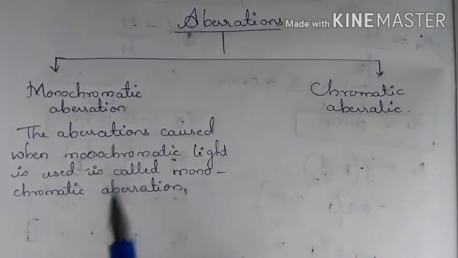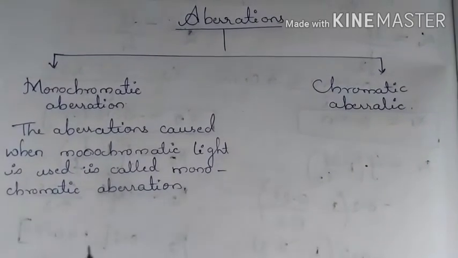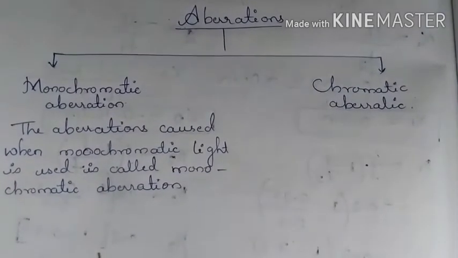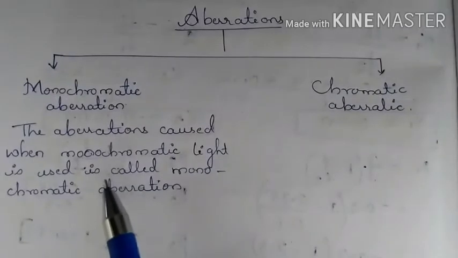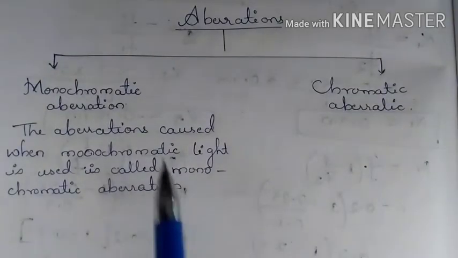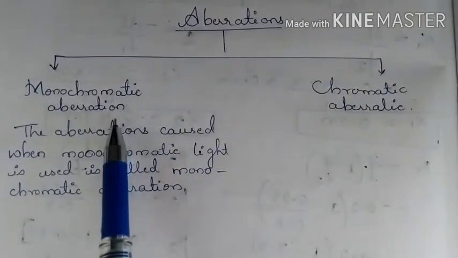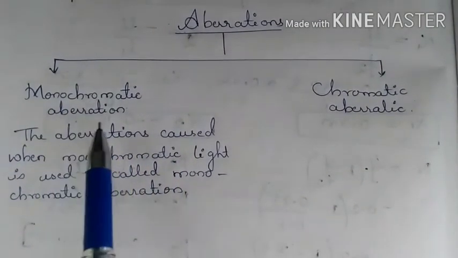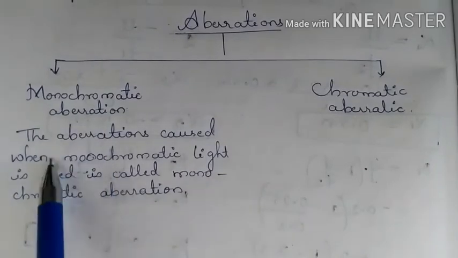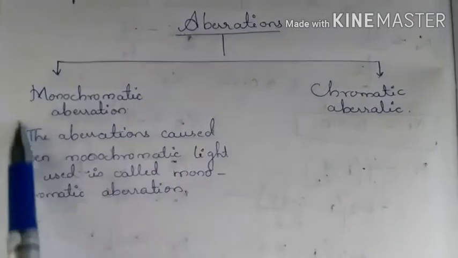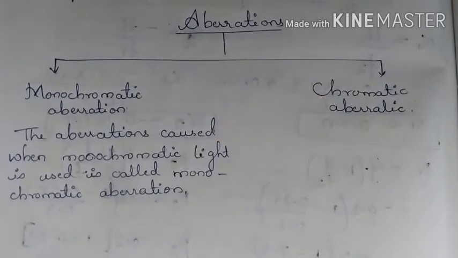If you have a lens and send a monochromatic ray of light to find the image, then monochromatic aberrations occur even though you are using single wavelength light, when the aperture of the lens is large. If the aperture of the lens is small, you don't find the aberrations.